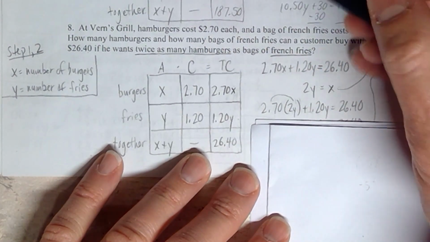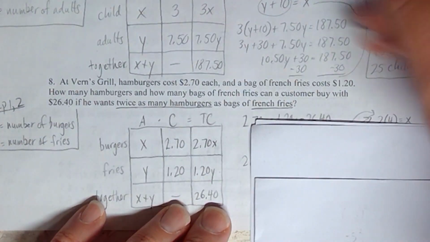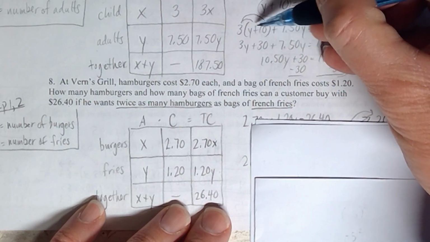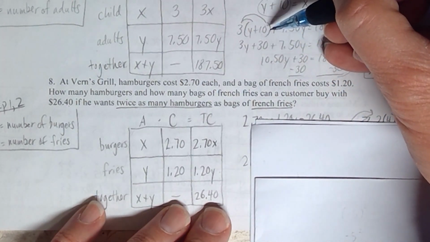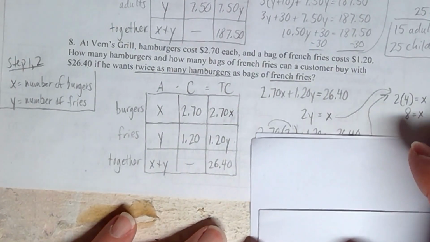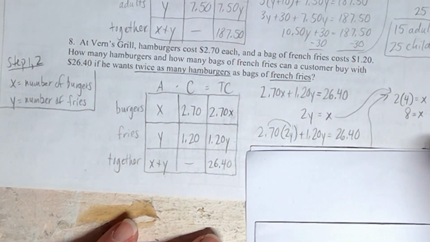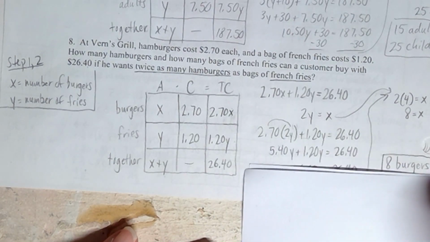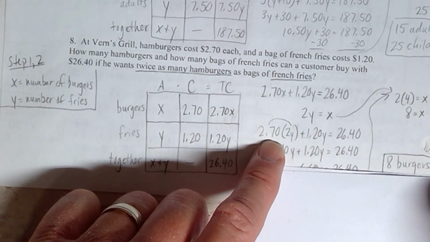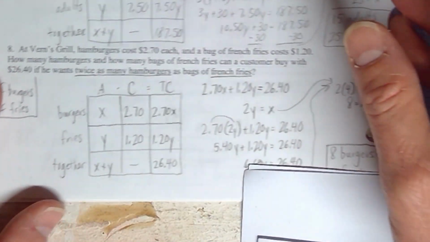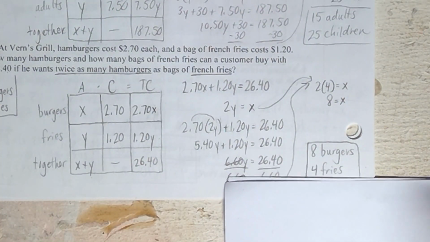That's why I had 2 multiplications, like I normally do, when you've got 2 terms inside of the parenthesis and you're distributing on that first step. But since this has only one term, you just multiply by it. You don't distribute to more than one thing there. So you just multiply 2.70 times 2y. That gives you 5.40y.